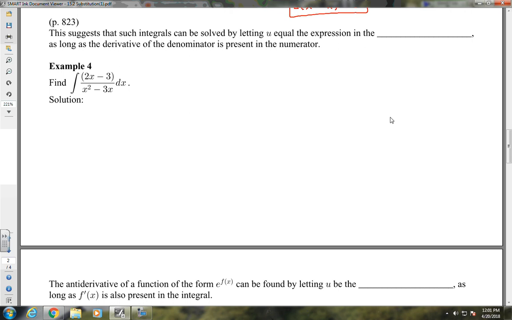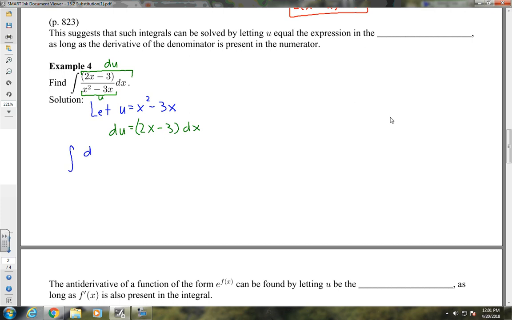Okay, so it would be convenient to let u be that denominator. Now let's go ahead and differentiate both sides as we've been doing. du is 2x minus 3 dx. As we observed, the numerator is the derivative of the denominator that we're going to call u. So let's rewrite this completely in terms of u.